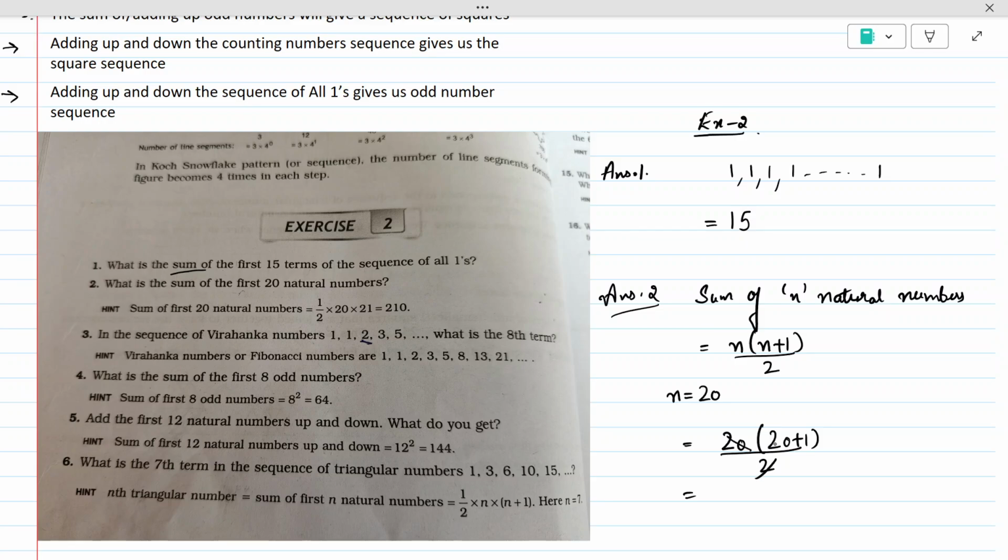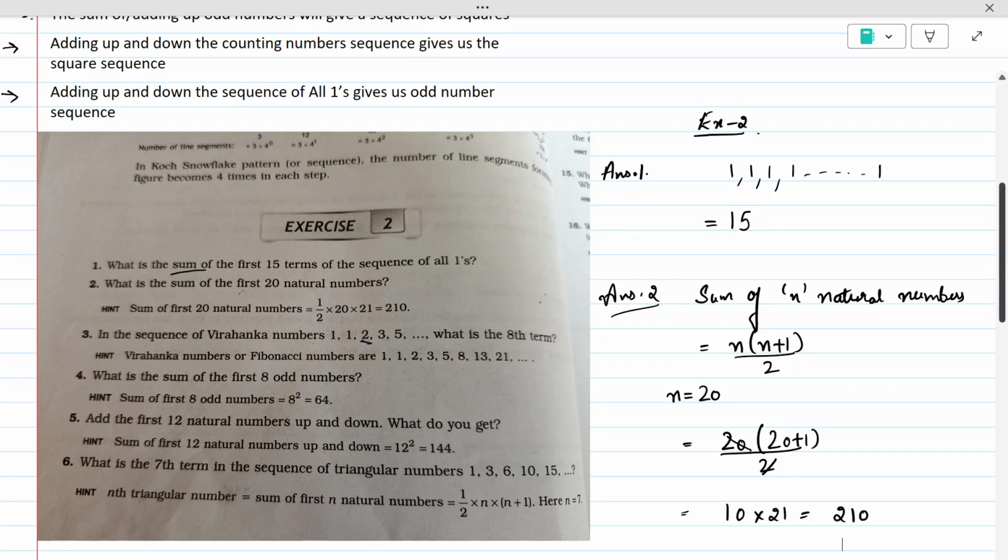This gets cancelled. This gets added. So we will get 20 plus 1 is 21 here. And outside we will get 10. So the answer is, wait, I'll write it a little better way. So this is 10 multiplied by 21, which is equal to 210. This is the answer. Okay, so we have the same answer here.